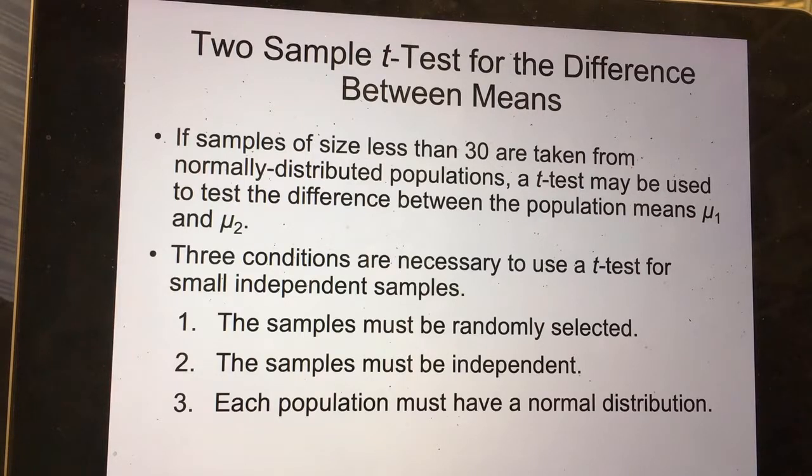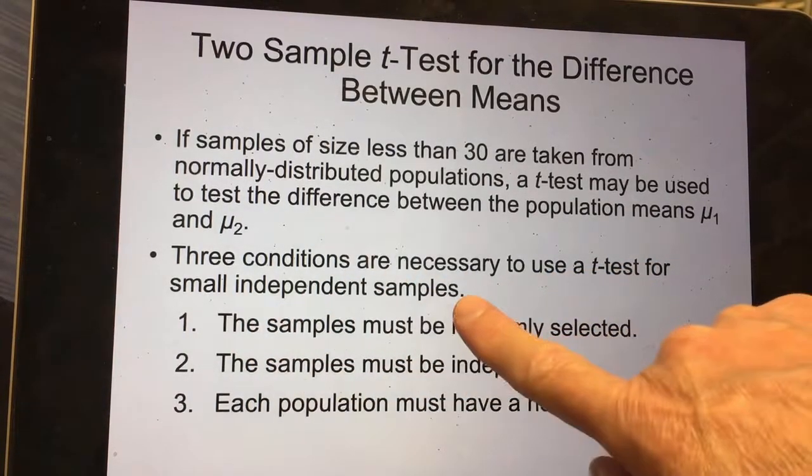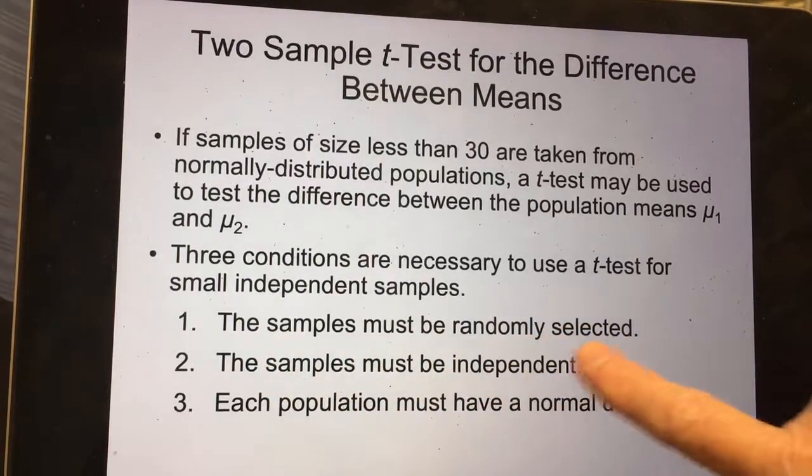If samples of size less than 30 are taken from normally distributed populations, a t-test may be used to test the difference between the population means mu1 and mu2. Three conditions are necessary to use a t-test. Okay, so small independent samples. The samples must be independent.